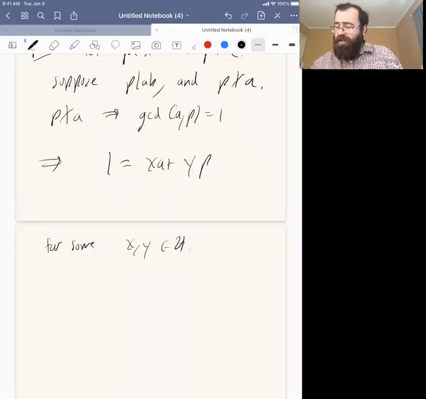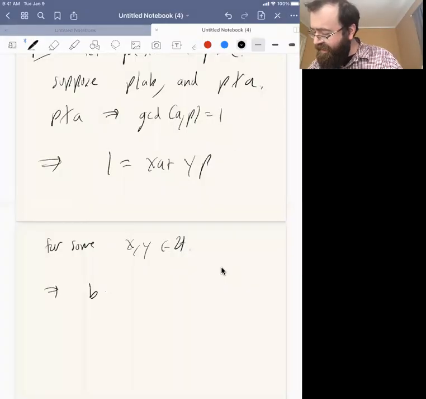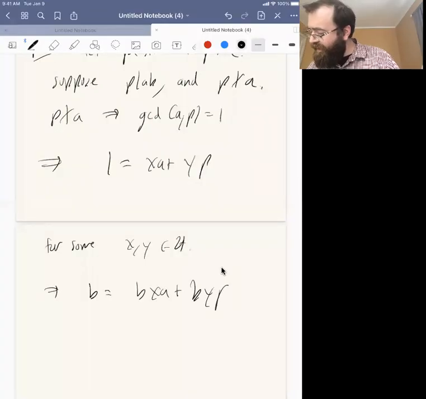So there are some integers such that this is true. This is an equation for 1, but equations for 1 are very good because I can multiply them by anything and get an equation for that thing. So that implies that B is BXA plus BYP. So we have an equation for B, and I'm just going to slightly rewrite this as XAB plus BYP.